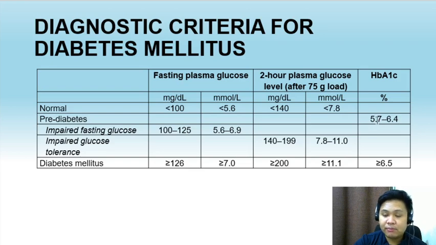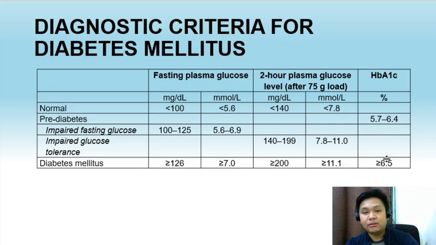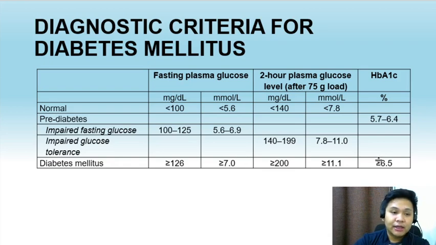Pre-diabetes is from 5.7 to 6.4%, and the cutoff value for diabetes mellitus using your HbA1c is greater than or equal to 6.5. Now, for the sake of the board exam, if you're asked what is the preferred test to diagnose diabetes mellitus, that would actually be the fasting plasma glucose.